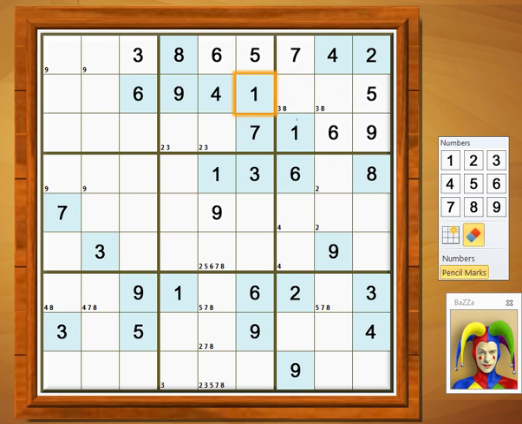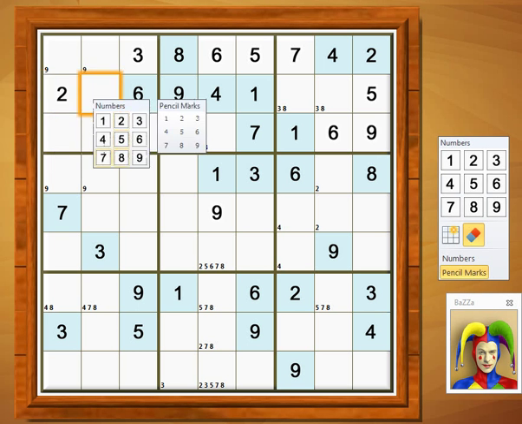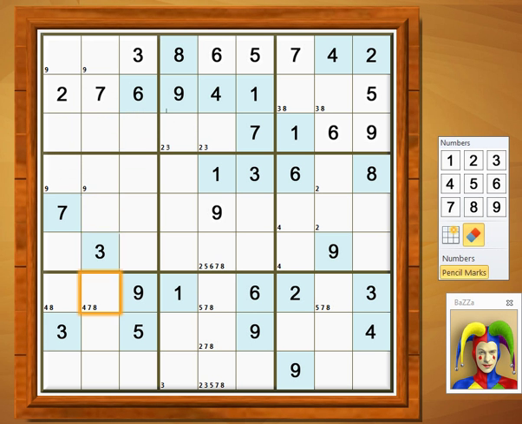So we've got 1, 2, 3, 4, 5, 6, 7. So this here is 2 and 7. But if you look down here, we've got a 7 already. So that's a 2, and that has to be the 7. If we've got that 7 there, we can take this 7 here out.